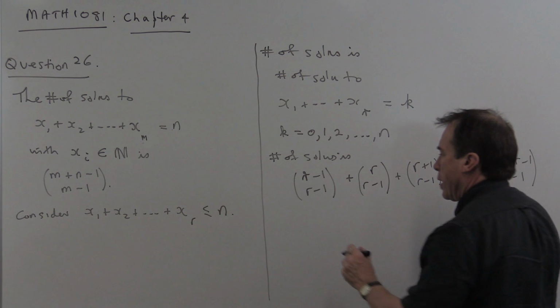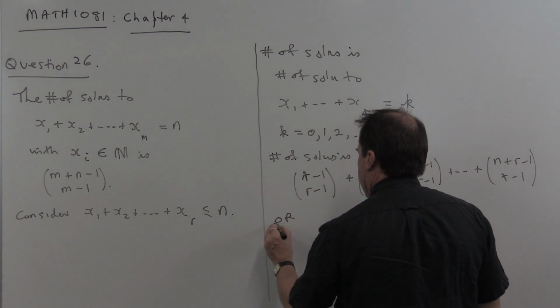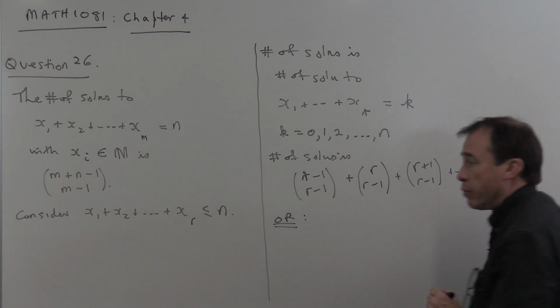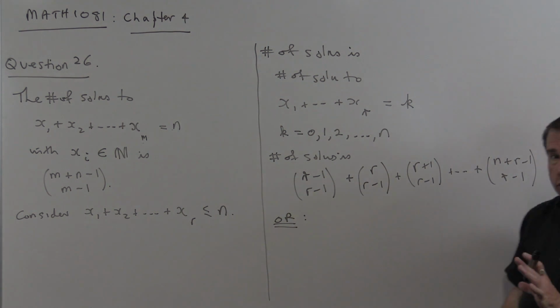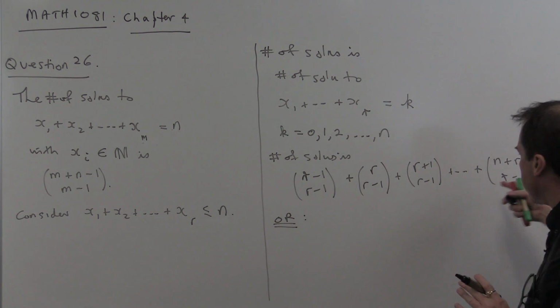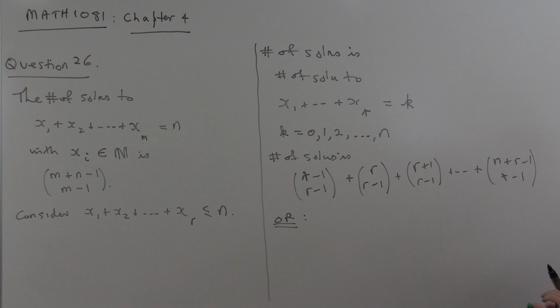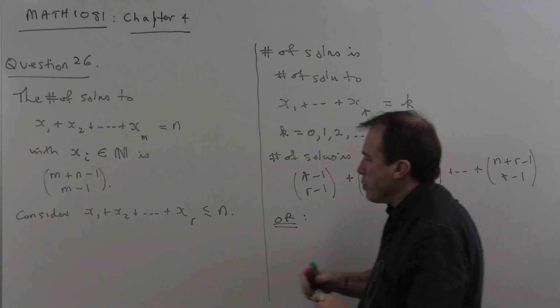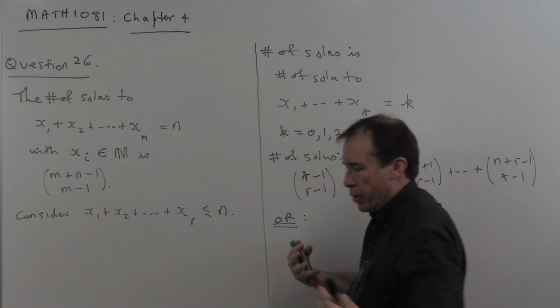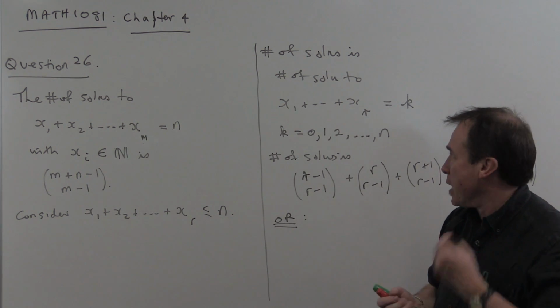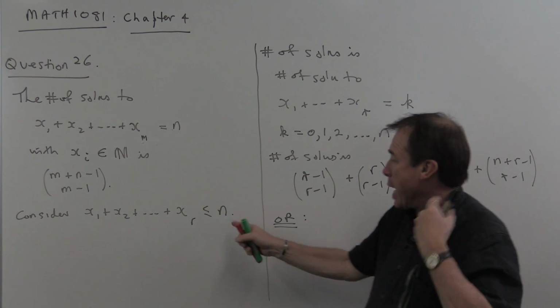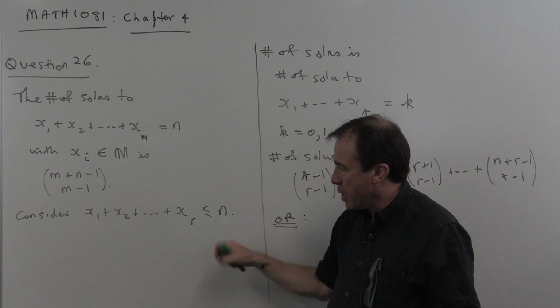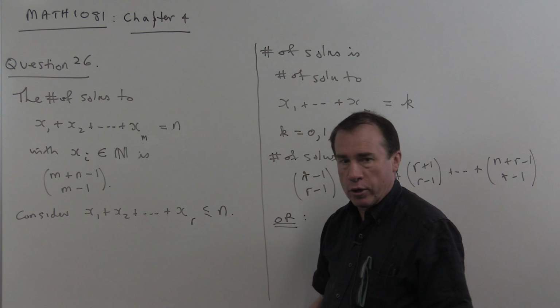Now here's an alternate way of thinking about it that will also give me what appears to be a different looking formula, which will be a simplification of this, and I can equate the two. When I'm doing problems like this, I like to imagine them quite graphically. So I imagine that I've got n marbles and r urns.